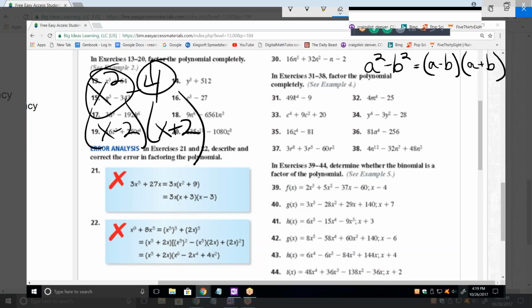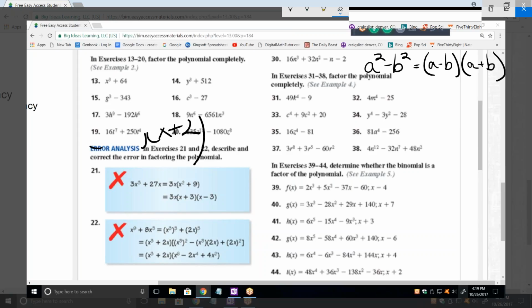Okay? Now, clearly by the fact that you're being asked this question, they have taught you the difference of perfect cubes and the sum of perfect cubes. Let's first of all talk about the difference of perfect cubes, because there is a pattern here.